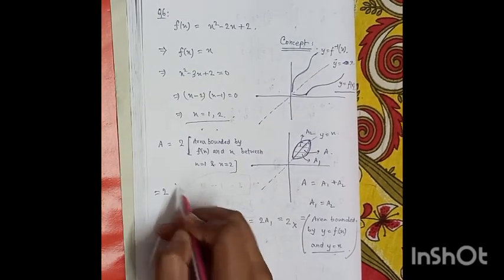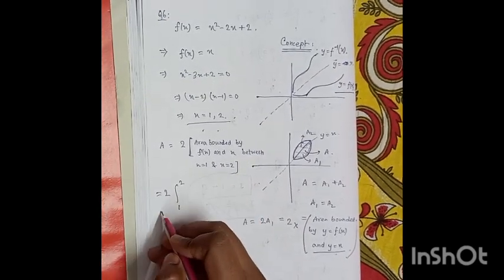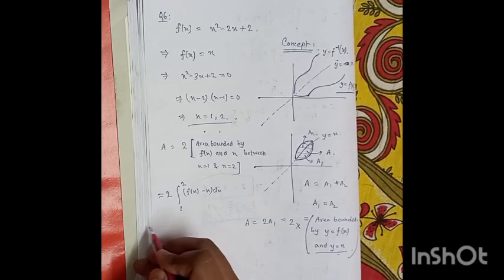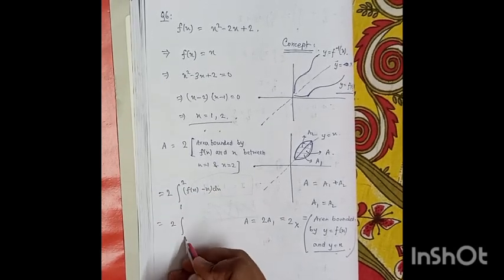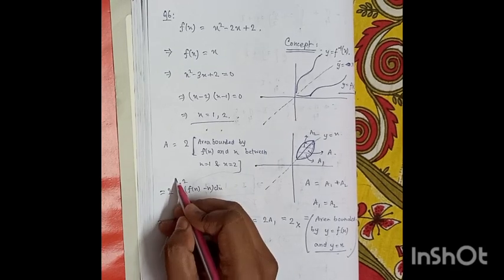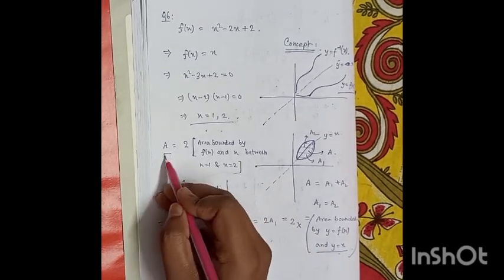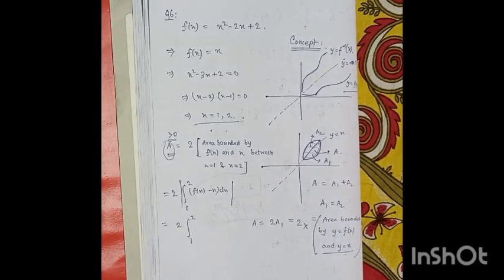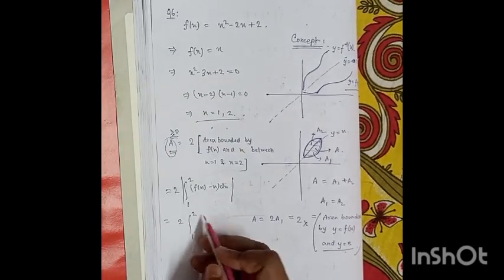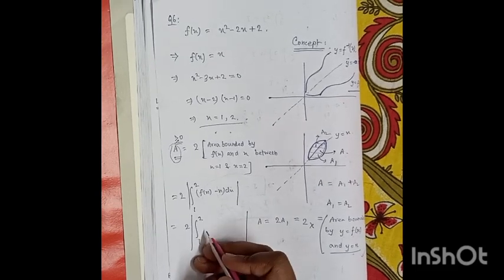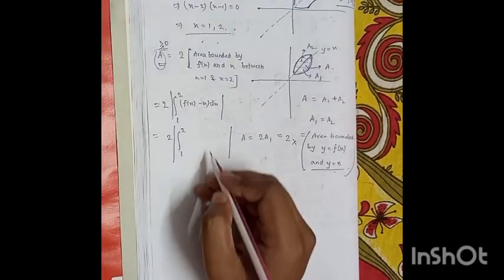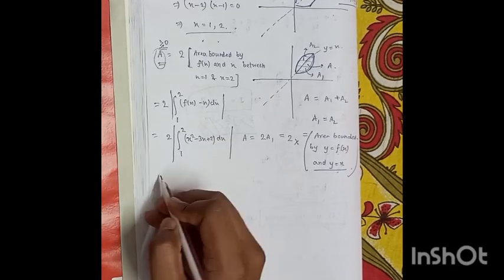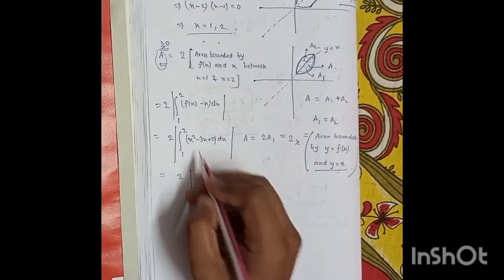So this will be 2 times integration of 1 to 2 of f(x) minus x times dx. We also have to put a modulus sign here because we are talking about area, which is always positive. So this net area will be equal to x square minus 3x plus 2 into dx, and then we simply integrate it.